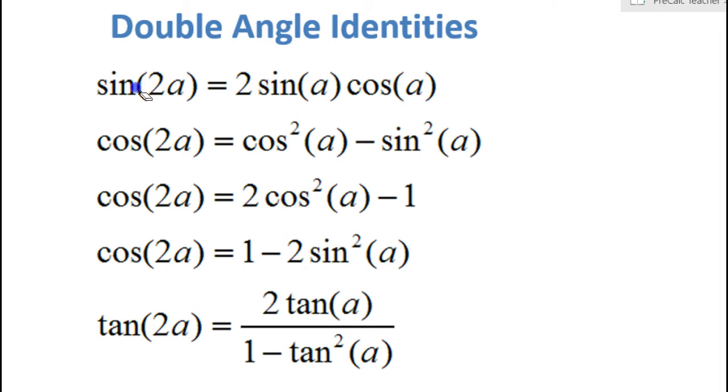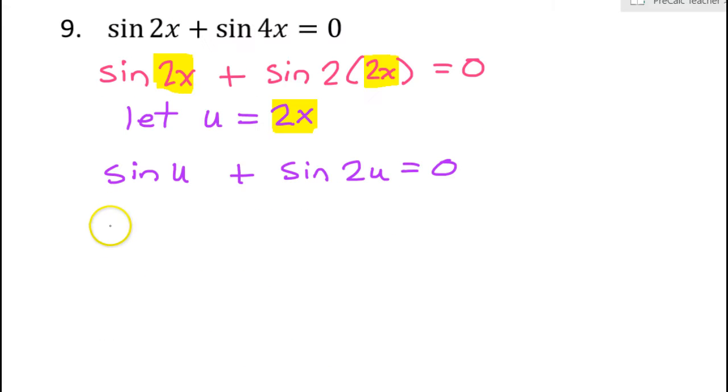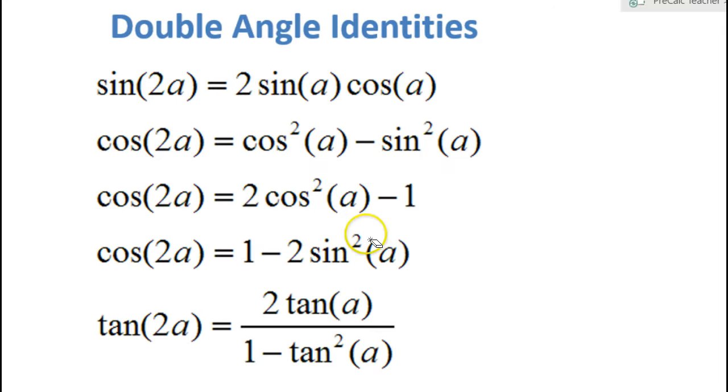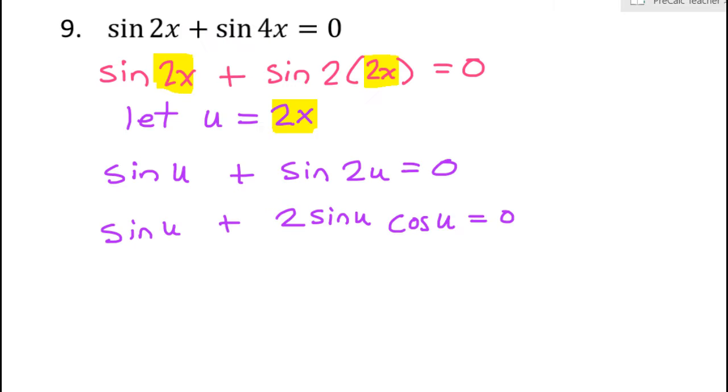So that 2u is the same as 2a. So I can use this formula and replace it with 2 sine u cosine u. So I'm going to keep my sine u, but I'm going to replace the sine of 2u with 2 sine u cosine u. Again I'm just using this first formula and doing that substitution.